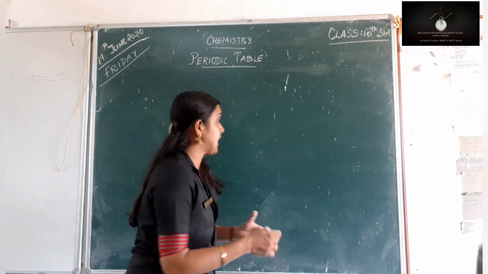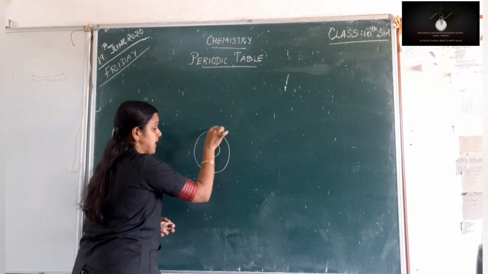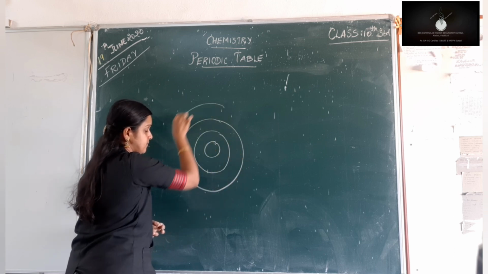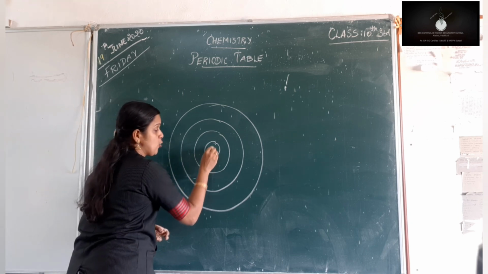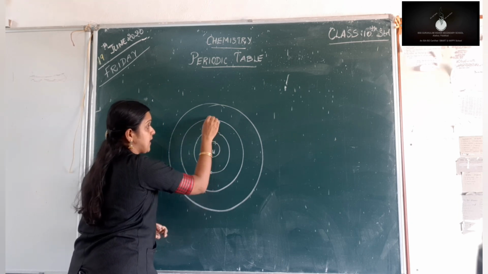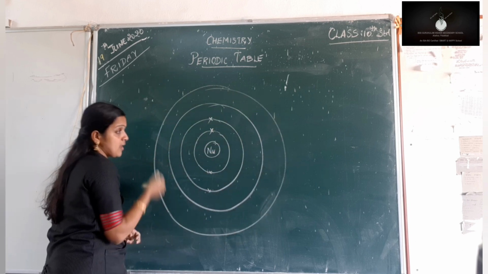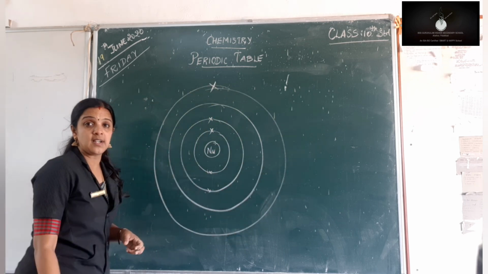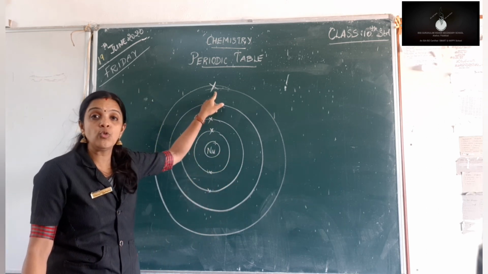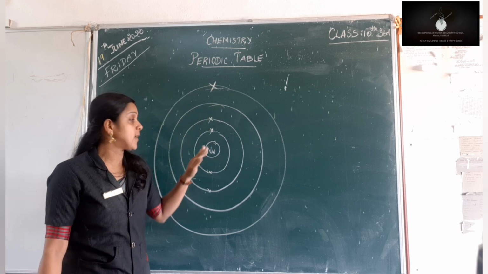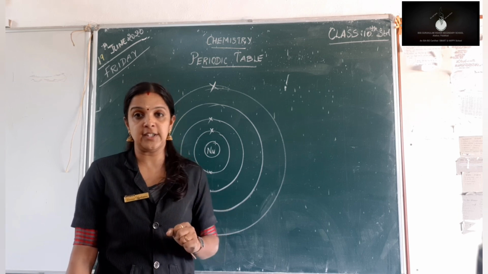It is just like I have a nucleus here and I have my shells, right? This is my nucleus. I have electrons everywhere. This is my last shell. So if I have an electron here, the amount of energy required to remove the loosely bound electron from an isolated atom is called ionization energy.